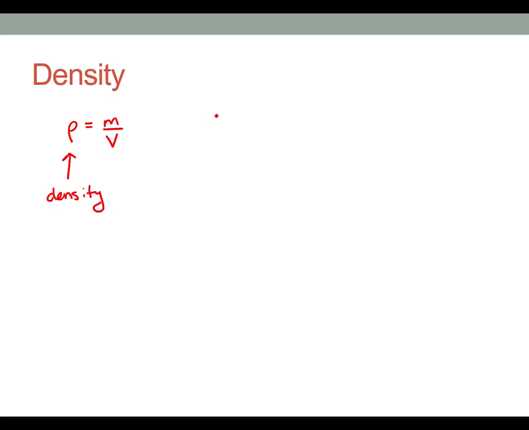Units you may see for density include kilogram per meter cubed. That is the standard SI unit. But you also might see it in grams per milliliter, like on the next slide, or you might see grams per centimeter cubed. Lots of different possible units for density.